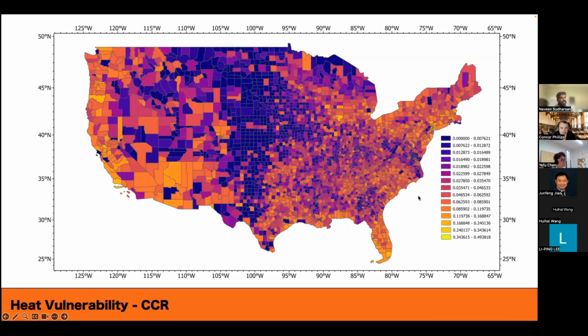And then we went on to see what's happening with the vulnerability. Vulnerability is based on the effectiveness with which it can handle the hazard. We have got comparative values for each county. So you can see that this part is the most vulnerable.